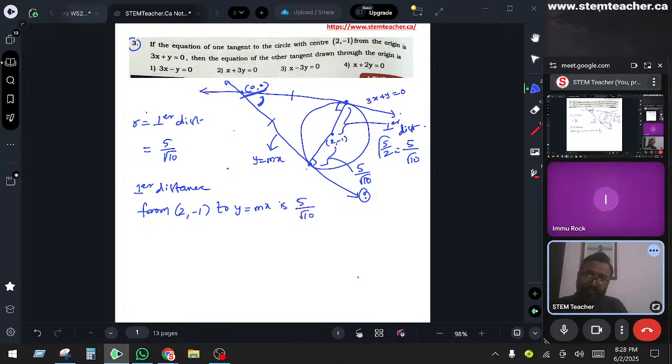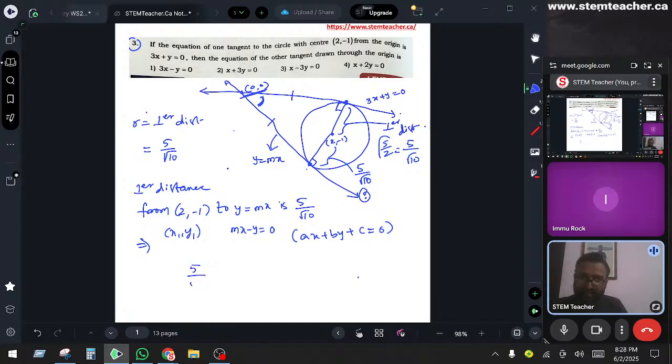We approached the total solution, but at the last moment. So this equation is mx minus y equals 0. Taking ax plus by plus c equals 0 and the point x1 comma y1, your perpendicular distance is r.